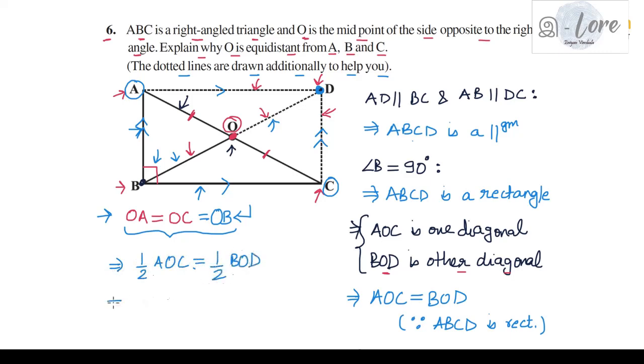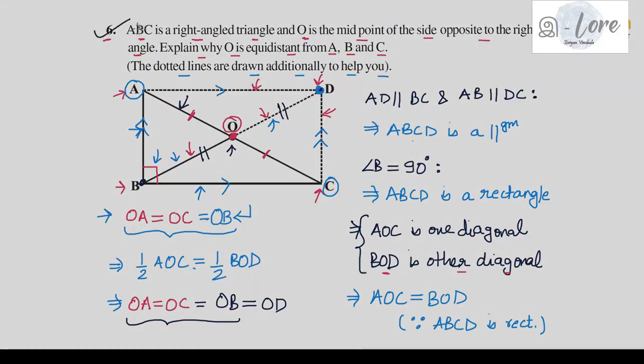Half of AOC is either OA or OC, and half of BOD is OB or OD, since O is the midpoint of BD as well. So we see that OA, OC and OB are equal, which means that the point O is equidistant from A, B and C. So that completes our proof for question number 6.